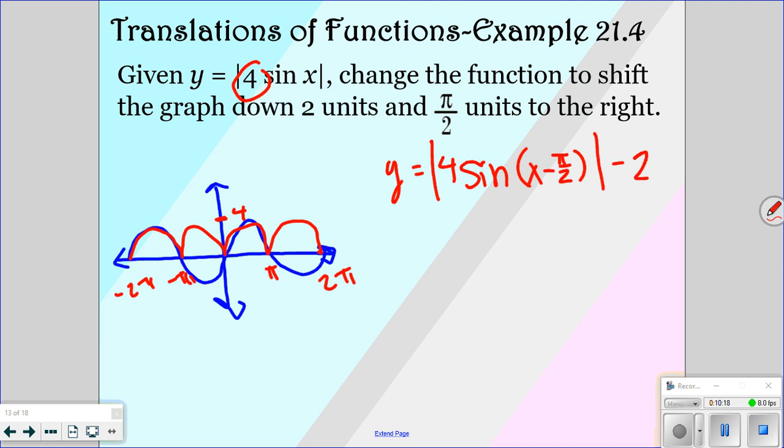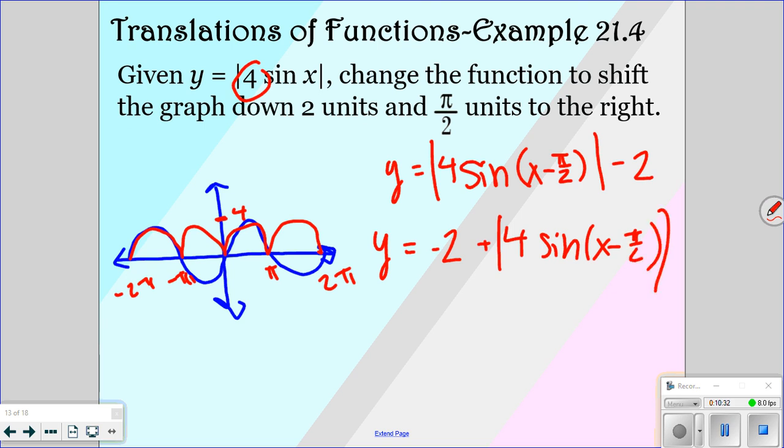So right now, it's not in the form of what you think of for a sinusoid equation probably, but if I put the negative 2 in front, it might look a little bit more like what you're thinking of for a sinusoid, where you're going to use half pi.